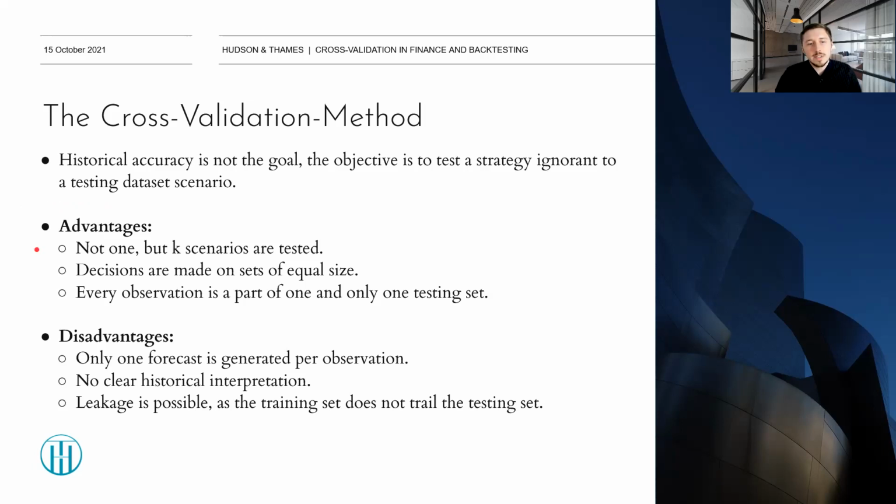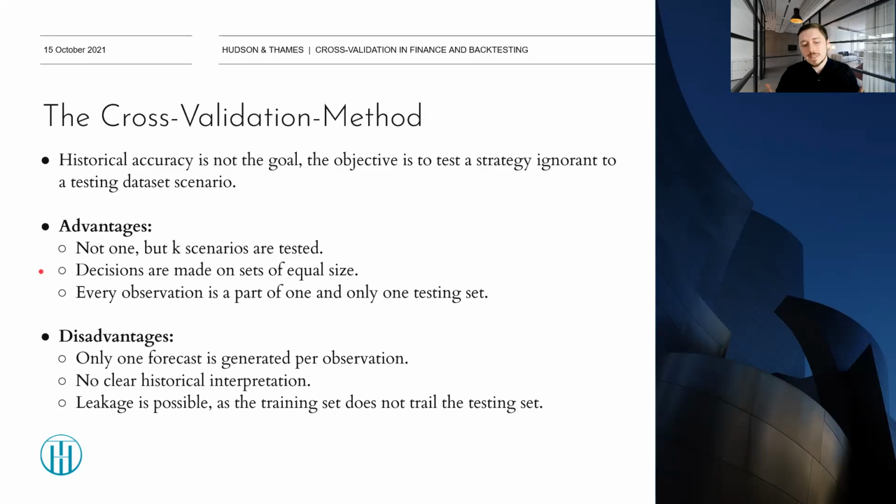Advantages. So not one, but k scenarios are being tested. In the case of k-fold or purged k-fold cross-validation, k scenarios are actually being tested, meaning that we have k performance measures of such a strategy. Also, the decisions are made on sets of equal size.